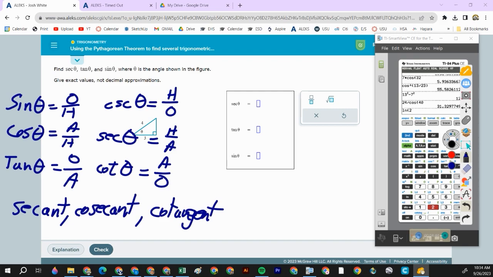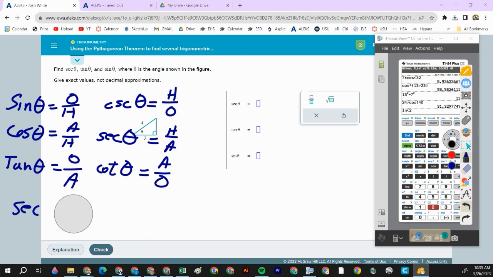Now, how do we remember these? Well, if I were in charge of naming them, I probably would have named them a little bit better, because sine and cosine are not actually opposites, but tangent and cotangent are. So it's a little bit weird that way. Here's how I remember it. This one has a co, and this one does not. This one has a co, and this one does not.